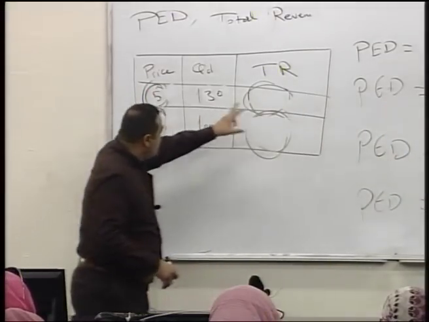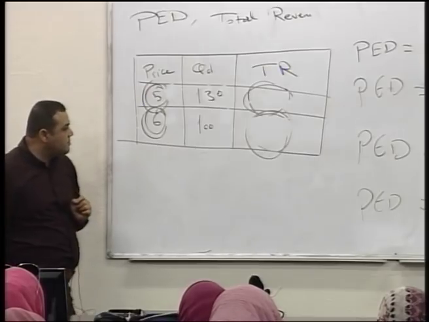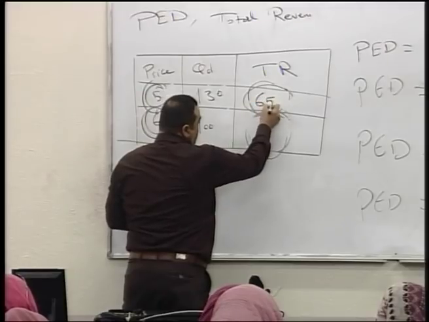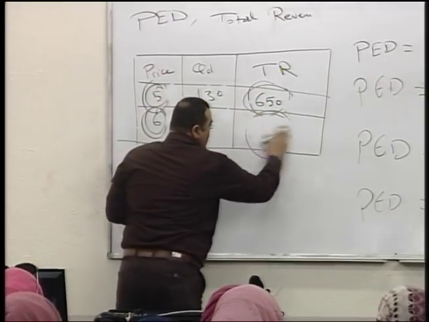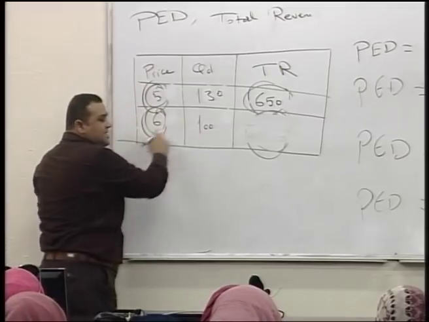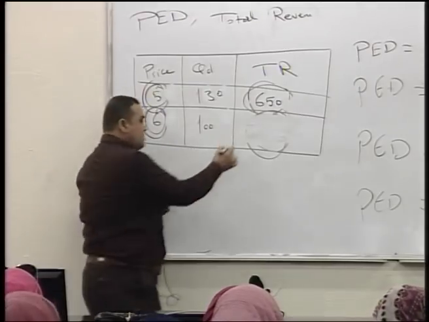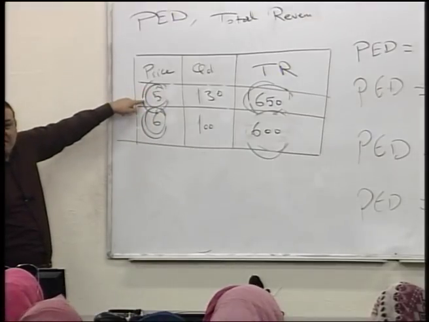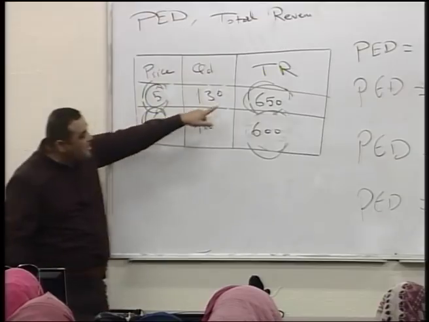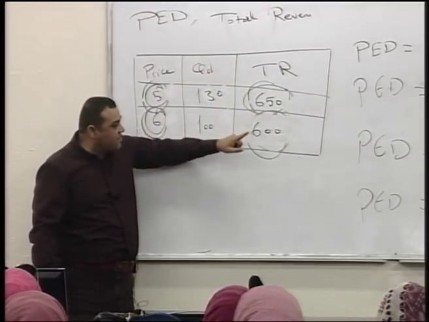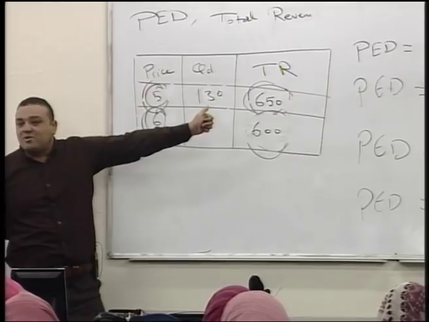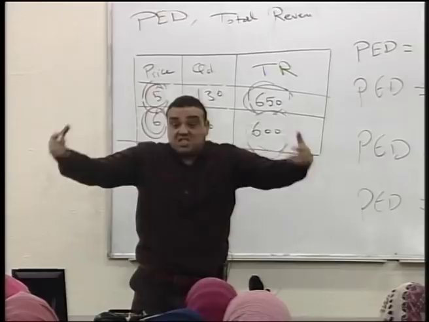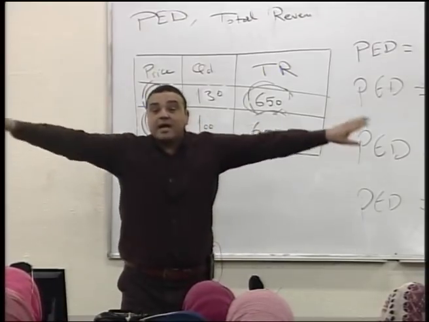Total revenue is how much here? 5 times 130, 650. Now, 6 times 100, 600. What do you see? As the price goes up from 5 to 6, the total revenue goes down from 650 to 600.